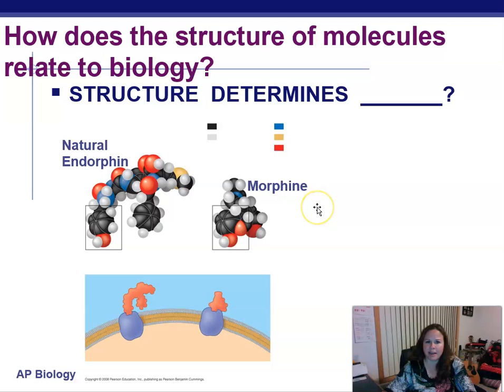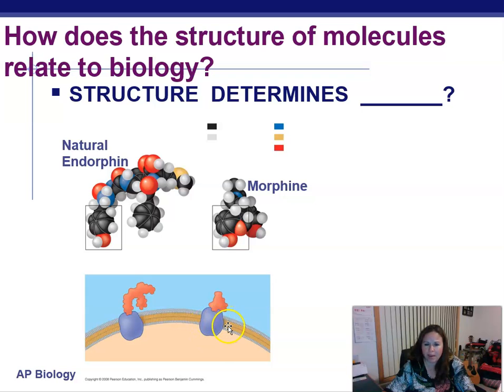One last area: structure determines function, remember? So the shape of molecules is very important. Here is a cell membrane, and we have some proteins on the cell membrane. These are receptor proteins that receive certain molecules, but only if they have a certain shape. These receptors will receive morphine, which is a drug that eases pain.